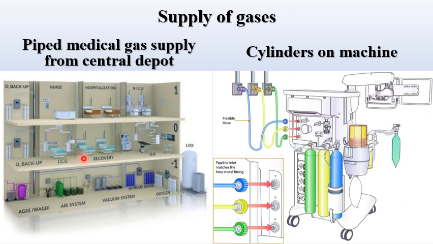So it's a pipe system that starts from here and distributes to all parts of the hospital requiring manipulation and use of medical gases. Another source is the cylinders mounted on the back of the anesthesia machine, like here.